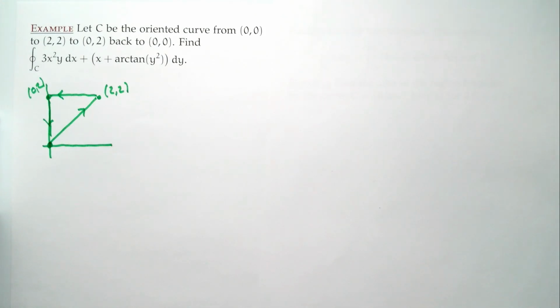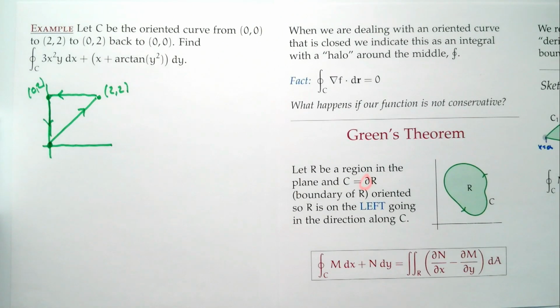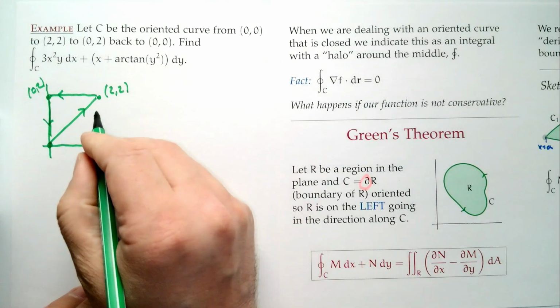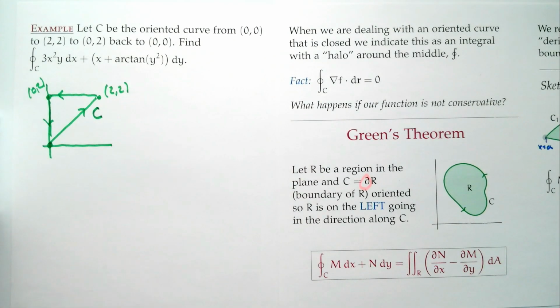So, a better idea is to think about the theory. In particular, I have a curve C. So I already have my curve C. What I can do is treat it as though it was a bounding curve.